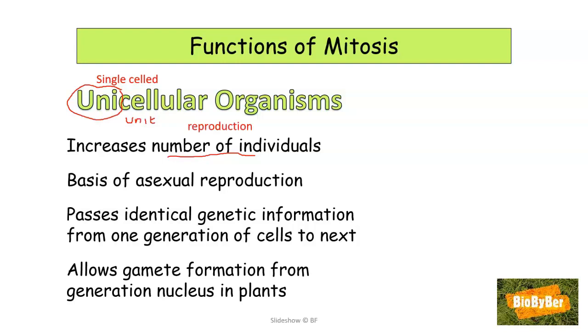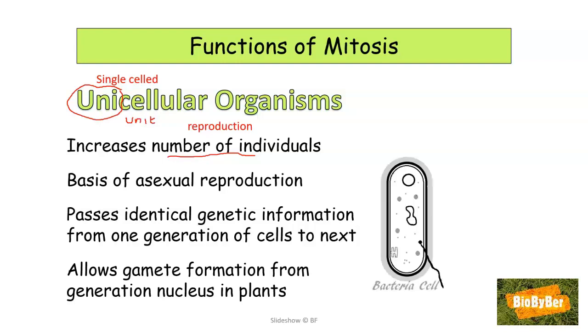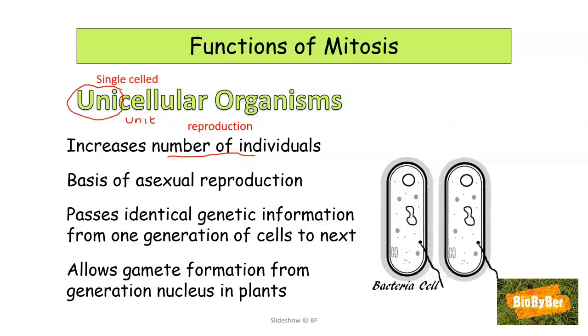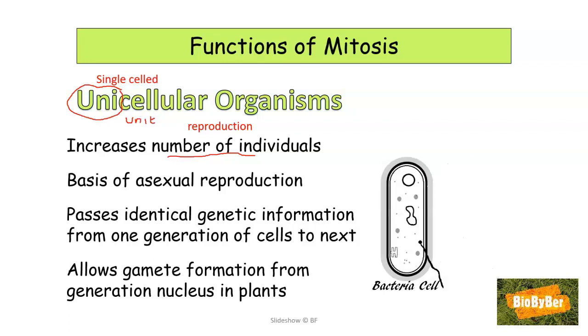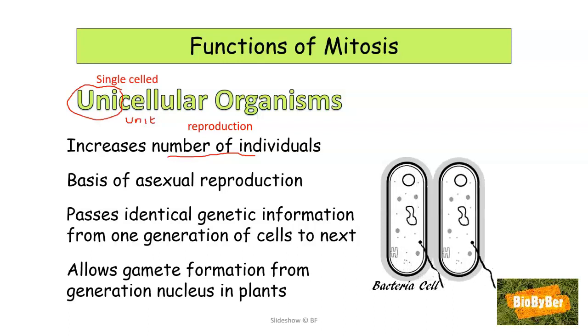So mitosis is a form of reproduction in unicellular organisms, where you start with one parent cell that divides by mitosis, resulting in 2 new daughter cells. If you like, mitosis is the basis of asexual reproduction because you start with one parent cell, ending with 2 new individuals.